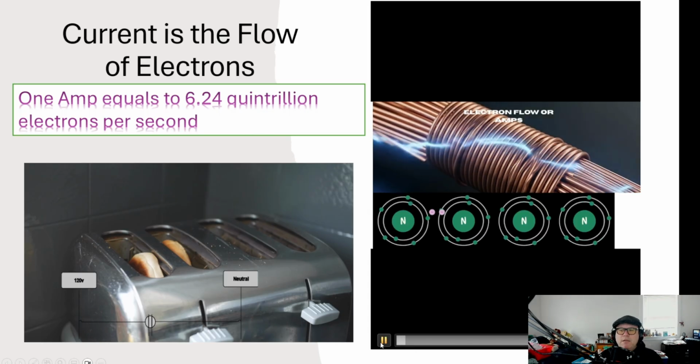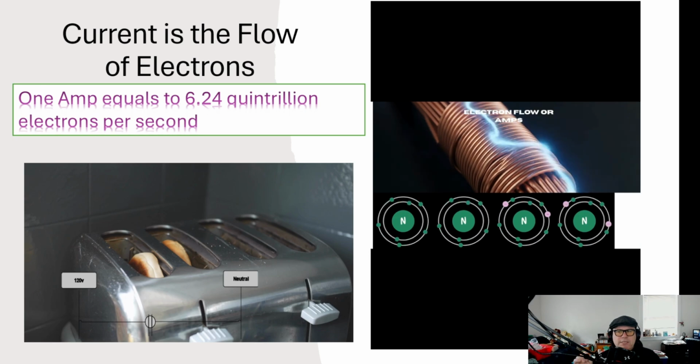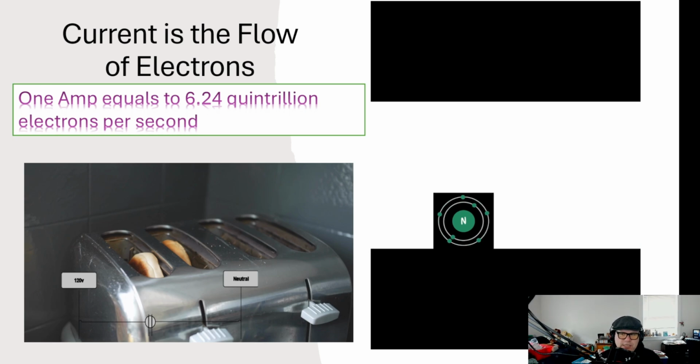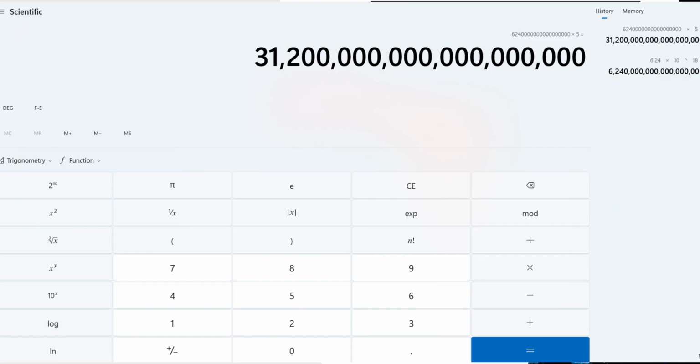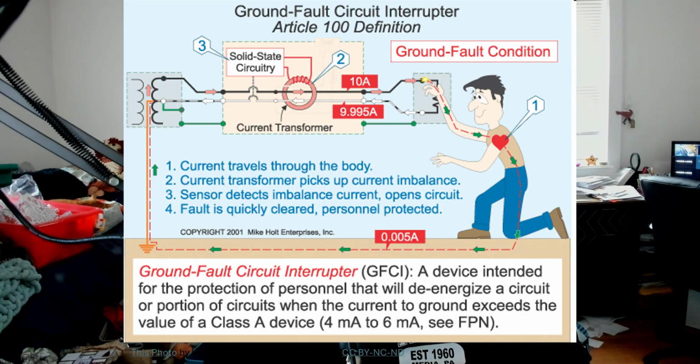But if you look to the right, those are electrons flowing through that circuit. 1 amp is equal to 6.24 quintillion electrons per second. And that toaster is running 5 amps per second. If you times that by 6.24, it's a lot. I'm not doing the math. You can do it for yourself if you want. Just understanding that, it only takes 0.4 milliamps to stop your heart.